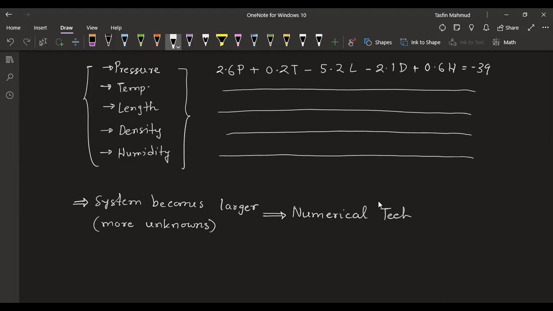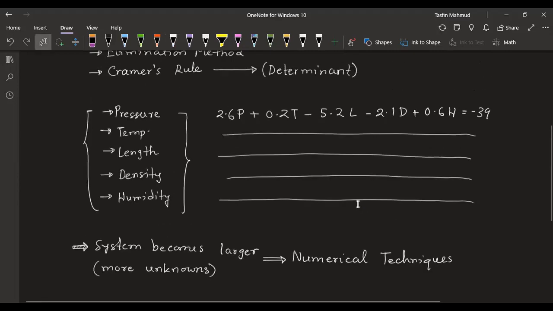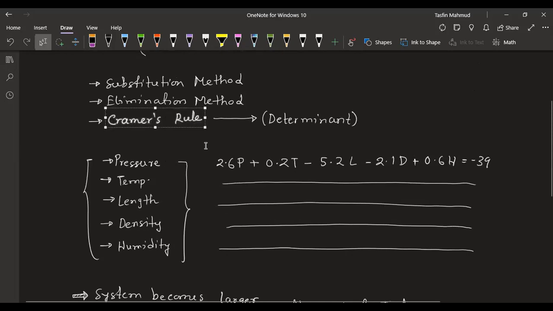Numerical techniques become the savior then. Okay, it will help us to find the solution of larger systems. So that's the first motivation, why do we need to learn these different techniques. Otherwise we will get stuck, or if we have 6 unknowns, method of substitution or Cramer's rule would be very difficult to apply.